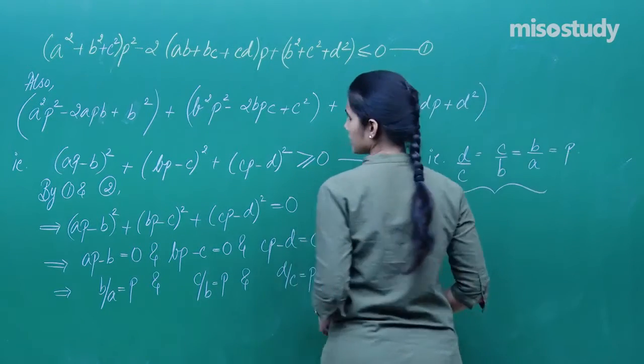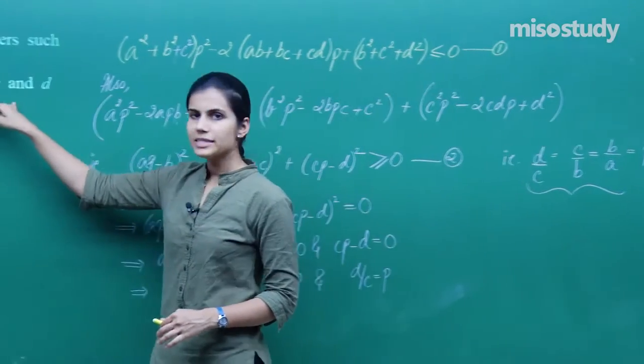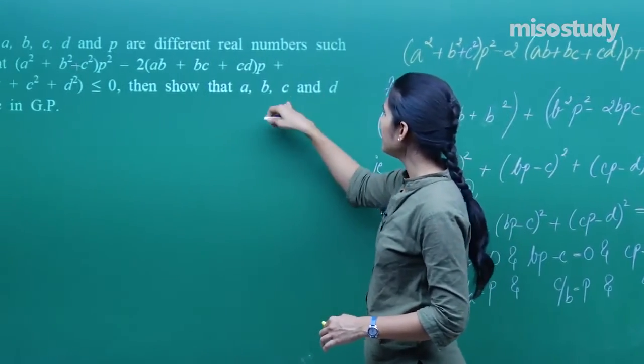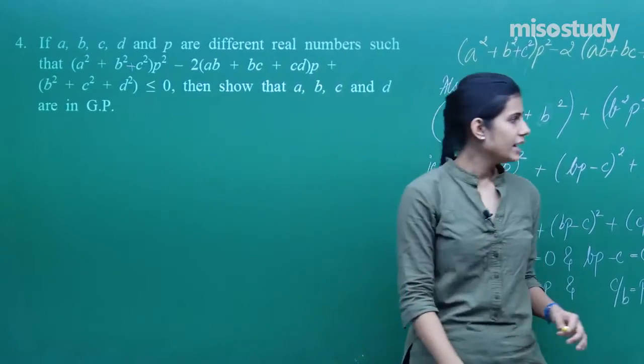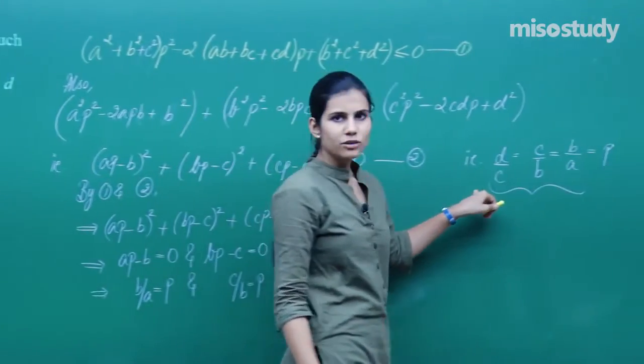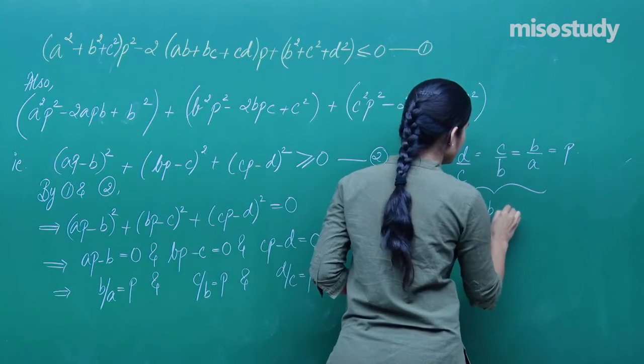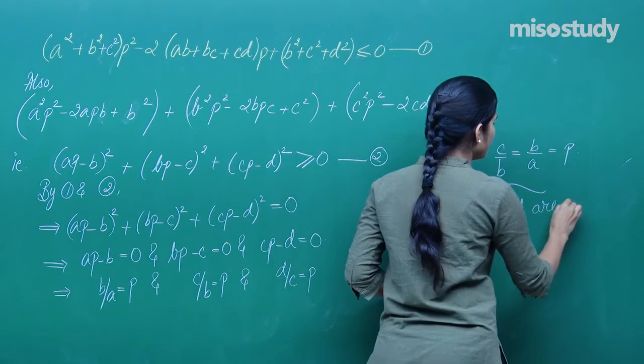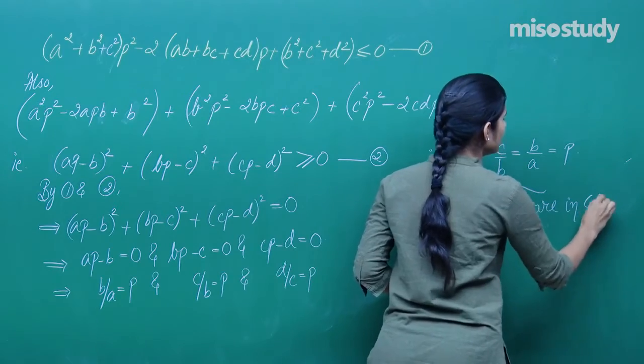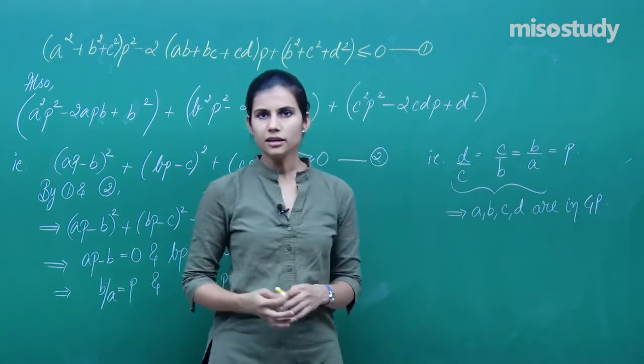This means what? In order to show a, b, c, d are in GP, I needed to show d by c equals c by b equals b by a. I am getting them equal to the same quantity p. So this implies a, b, c, d are in GP. Clear?